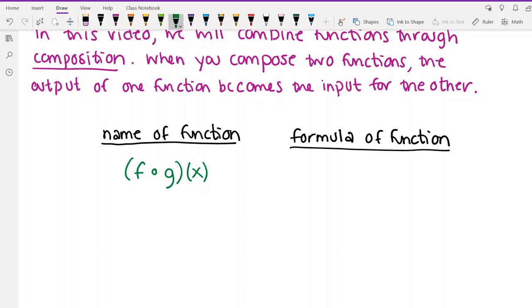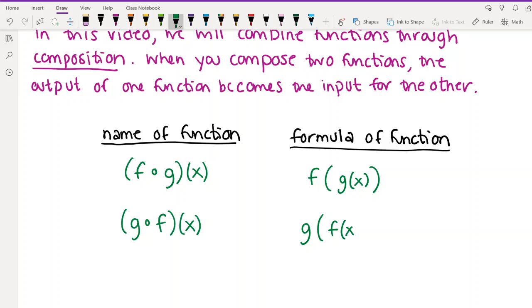Well, you take the function g of x and plug it into f of x. So the output of g of x becomes the input for f of x. And if you do it the other way, with g on the outside and f on the inside, whichever function is closer to x is the one that ends up on the inside, then you take the function f of x and plug it into g of x.